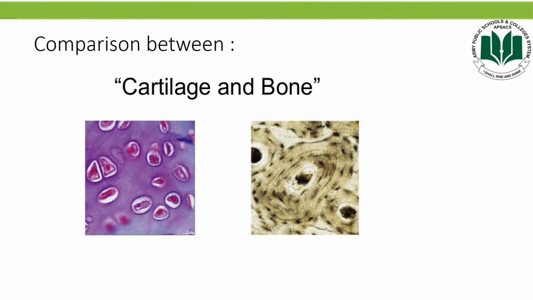The external covering of bones is the periosteum, while the external covering of cartilage is the perichondrium. So students, this is all about the comparison of bone and cartilage, and hopefully it's all clear now.